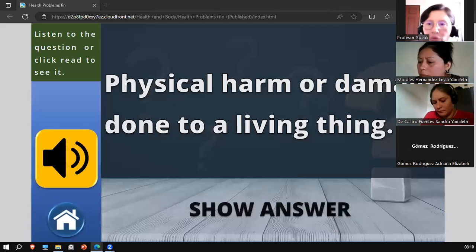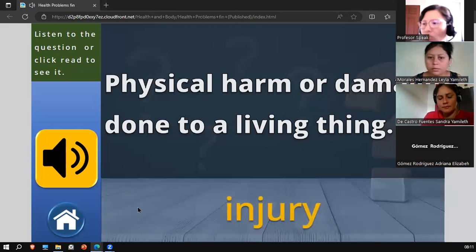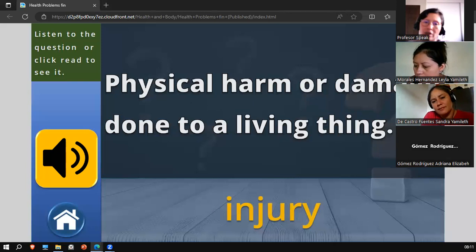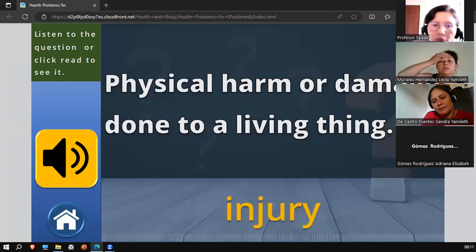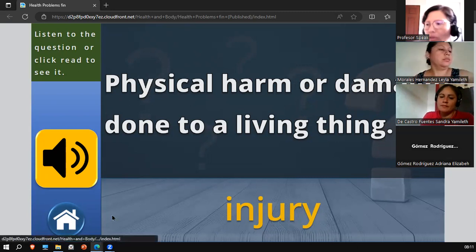Remember, este es involuntario. Esto es un accidente. What is that? An injury? Muy bien, correct, right? It's an injury. So an injury is whenever something happens, but it's an accident, right? And you get hurt, or someone gets hurt, that becomes an injury, ¿verdad? So es un daño al cuerpo que no se hizo, que fue involuntario.